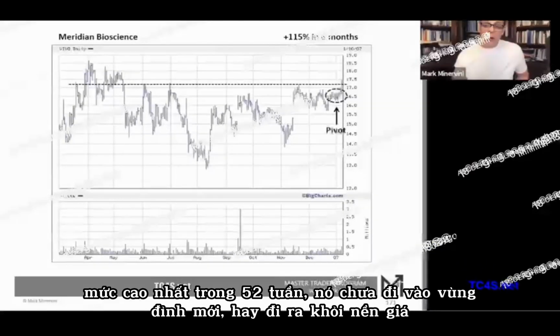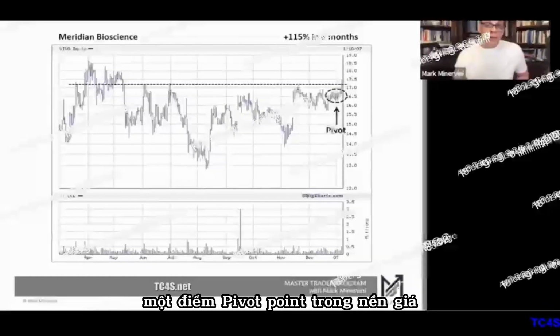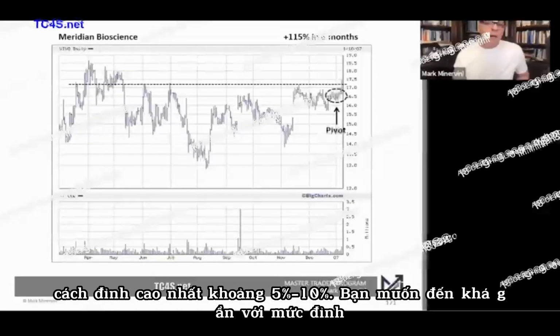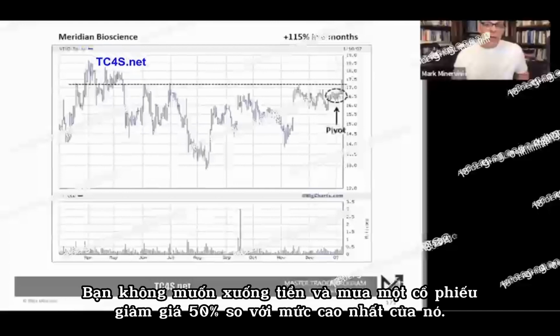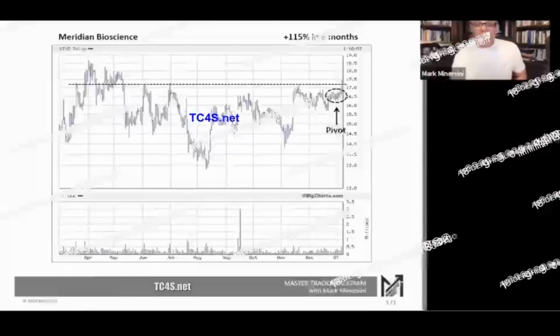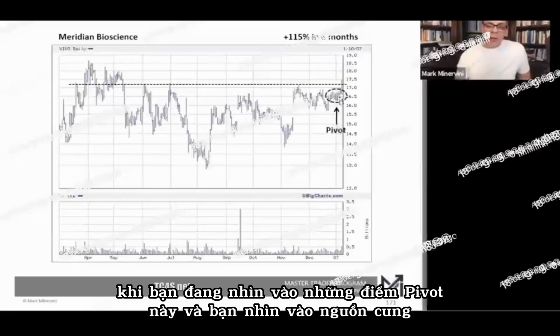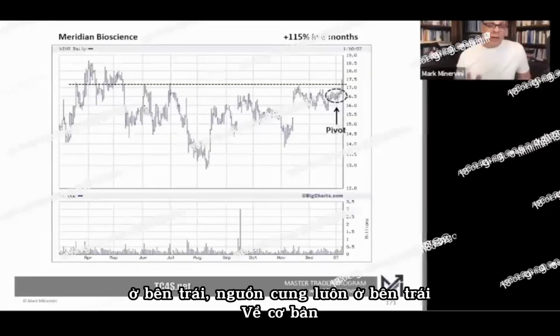It's not going into new high ground, or it's coming off of a pivot point within the base. But generally speaking, we're within 5-10% of a high. You want to be fairly close to the high. You don't want to be buying a stock that's 50% off its highs. Now you've run into that problem. You have lots of supply, right? So when you're looking at these pivot points and you're looking at the supply to the left, supply is always to the left.